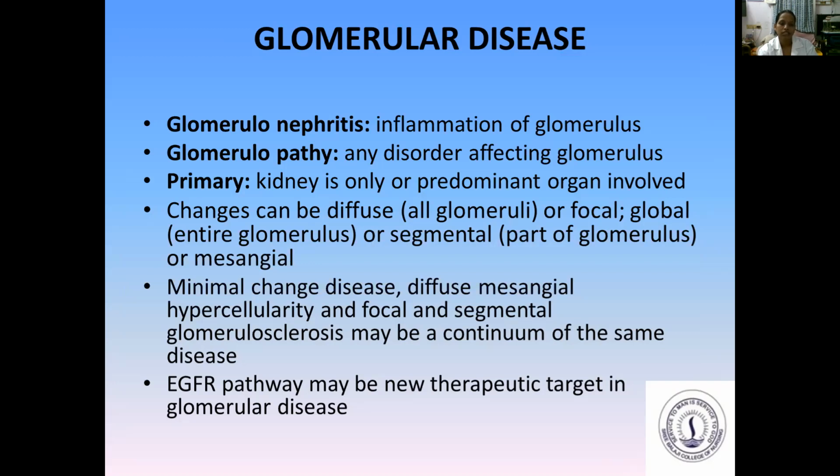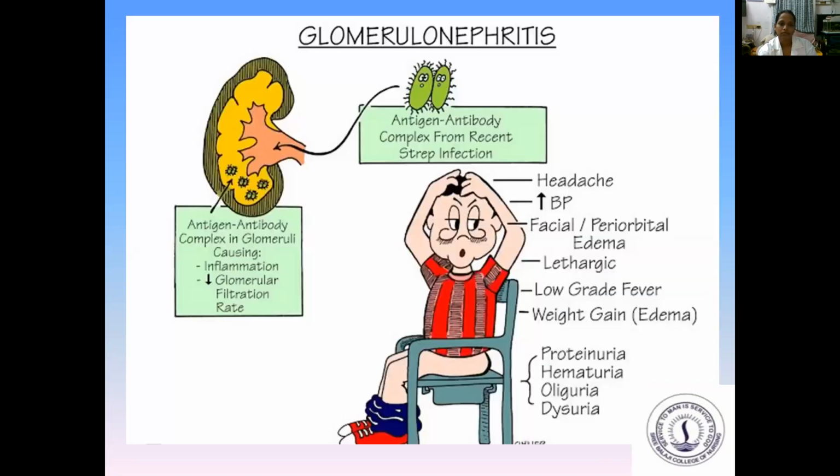And changes can be diffuse, involving all glomeruli, or it may be focal. If it is global, that is the entire glomerulus, or segmental, that is part of the glomerulus, or mesangial. Minimal change disease or diffuse mesangial hypercellularity and focal and segmental glomerulosclerosis may be a continuum of the same disease. So the EGFR pathway may be the new therapeutic target in glomerular disease.